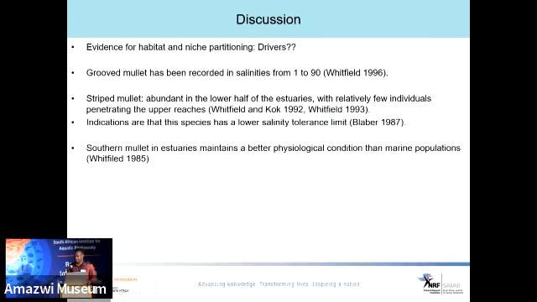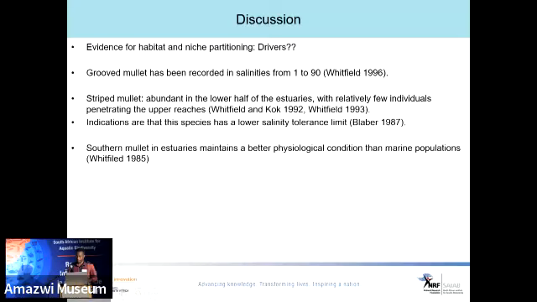What you've seen with this data is that there's a clear partitioning of habitat between these species. Going forward, we want to look at the drivers of that partitioning, with one species preferring the lower, the middle, and the upper reaches. One of the things we're looking at, since we have salinity loggers in the estuary, is salinity.